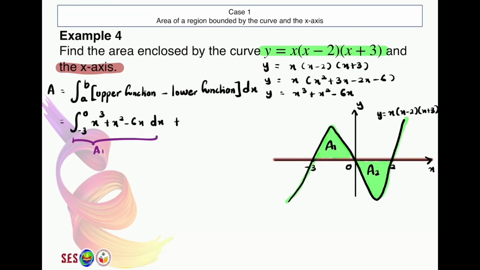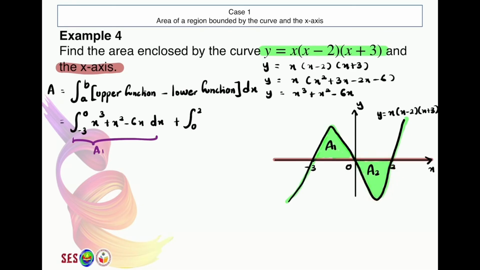Now for A2, the upper function would be y equals 0, and the lower function would be the curve function, which is x(x minus 2)(x plus 3). So we need to take the integral from 0 to 2. Why is it from 0 to 2? Because this is 0 and this is 2. We want to find the area of this region right here, which is bounded by this curve and also the x-axis.